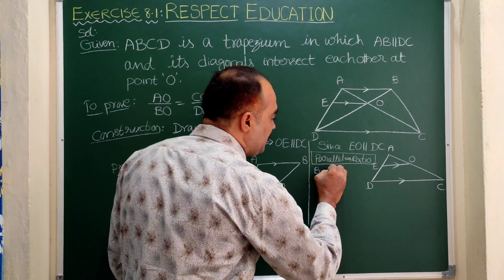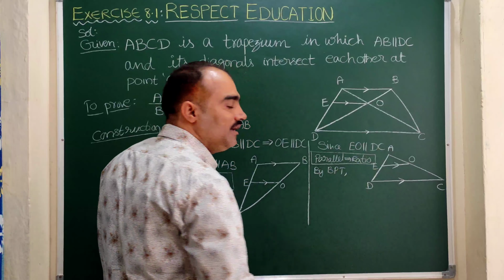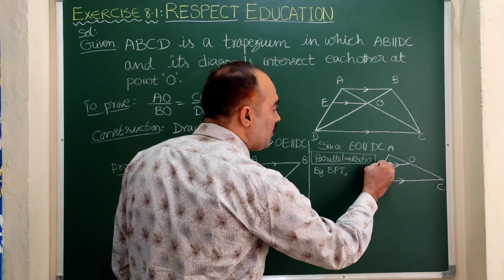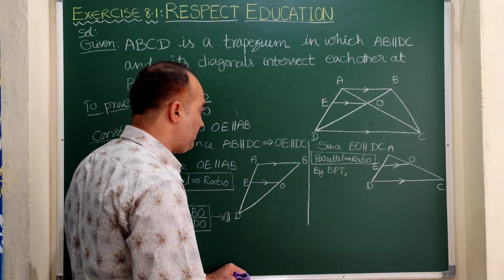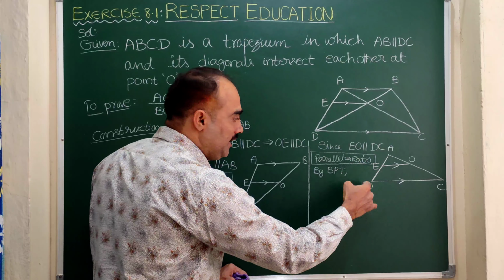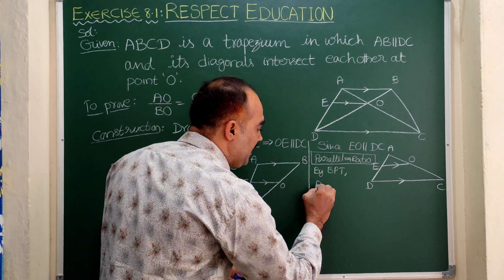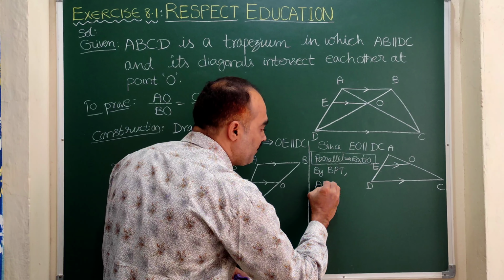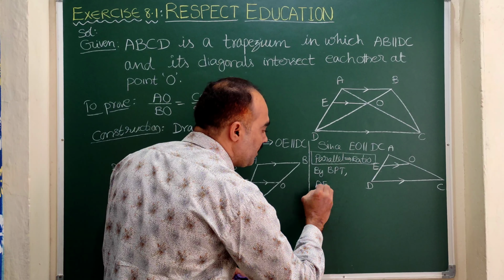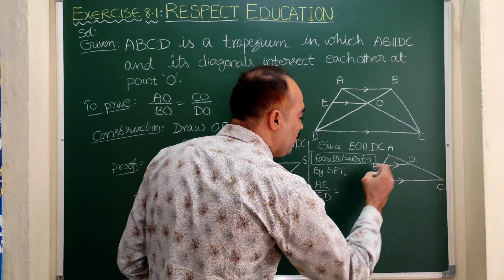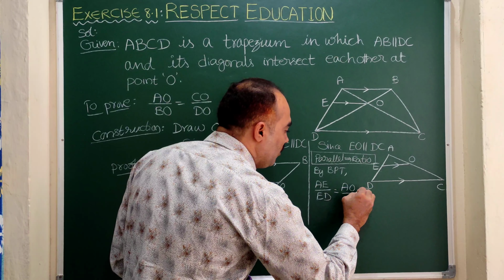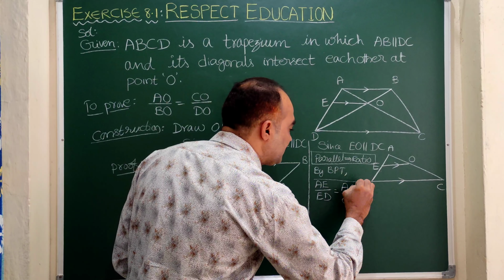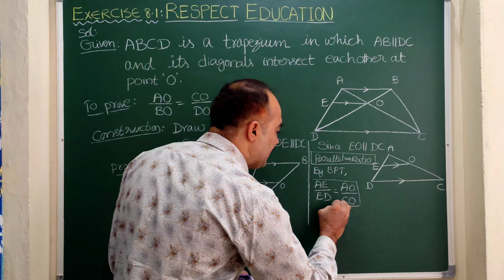So here by the basic proportionality theorem, we can take the corresponding ratios. So here I am taking AE by ED is equal to AO by CO. This can be taken as equation number 2.